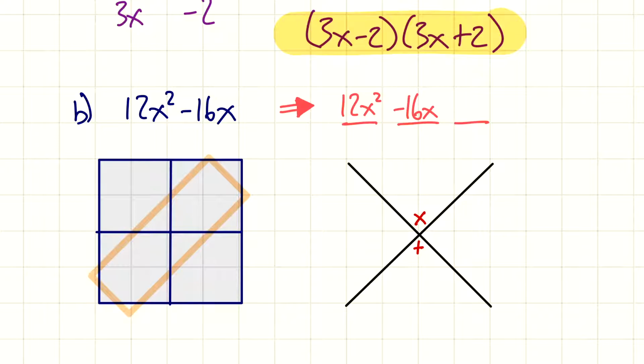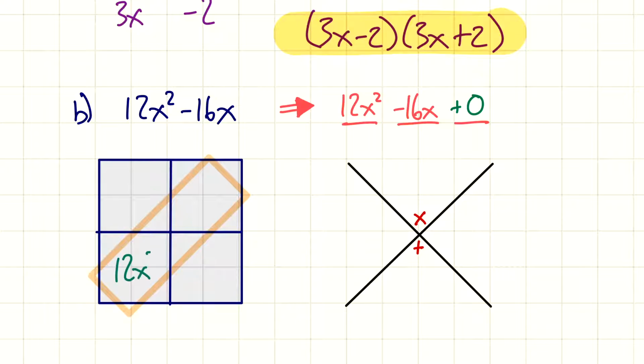And so since this is missing, what we could put, just like the last time, is let's put a 0. All right, just so it's consistent with having three terms. 0 is still a number, and so we could use those to fill in our area model.